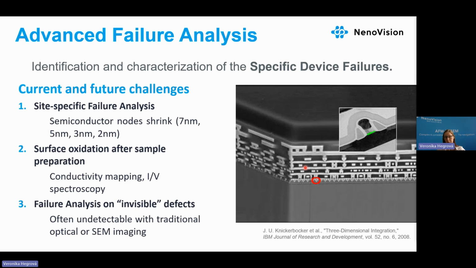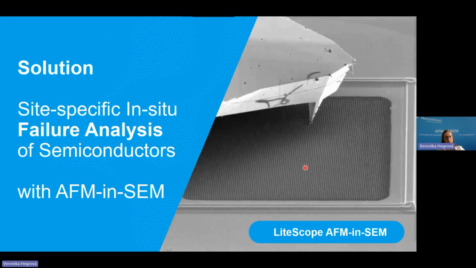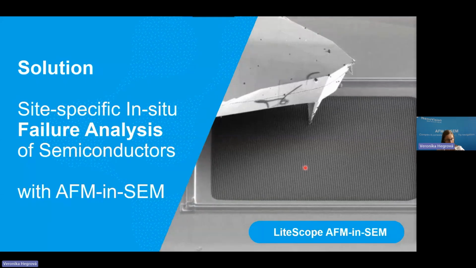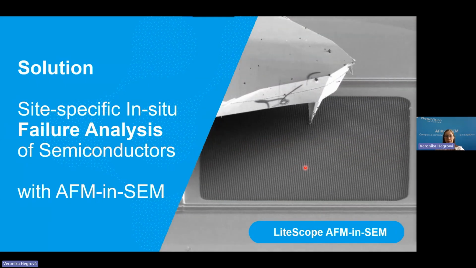So these are some of the challenges that are currently and will be in the future as we are going smaller. And our solution is tackling these issues with our site-specific in-situ failure analysis with AFM-in-SEM.